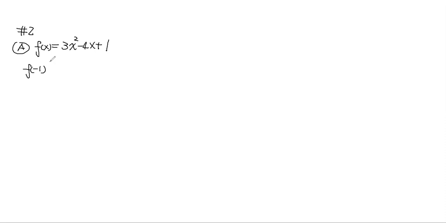Do you remember we talked about that means every x you need to become negative 1, right? So be careful about parentheses. So x equals negative 1. So it's 3 times negative 1 squared minus 4 times negative 1 plus 1. The negative 1 squared is a positive 1, times 3. Negative and negative here become positive 4, plus 1. So it's 8, right?